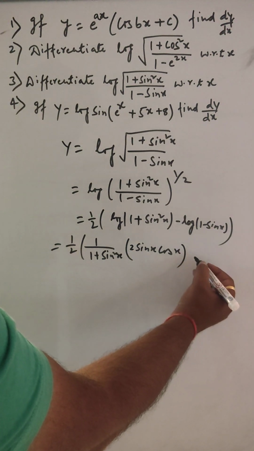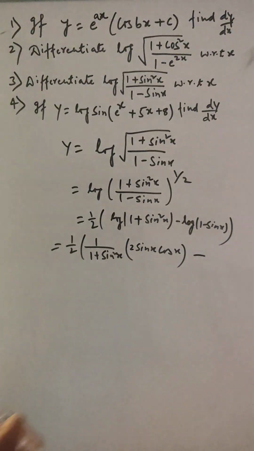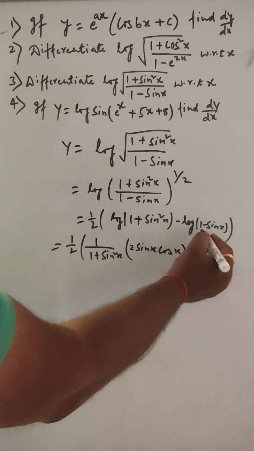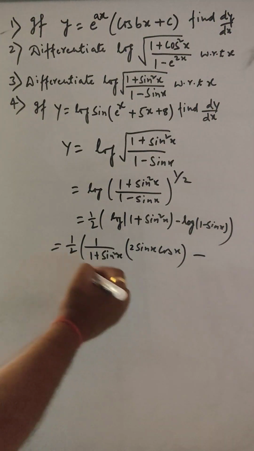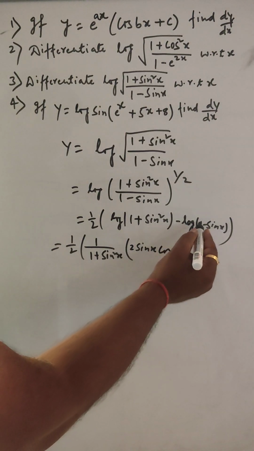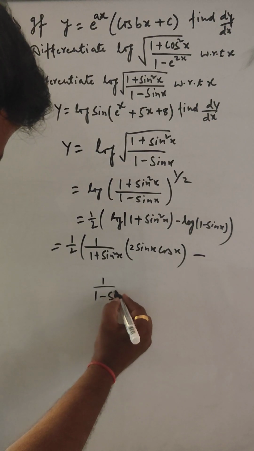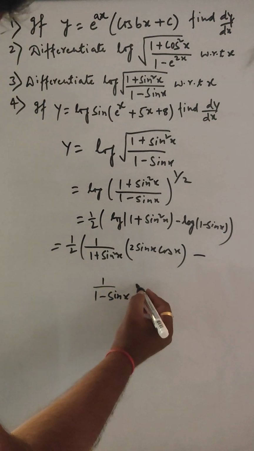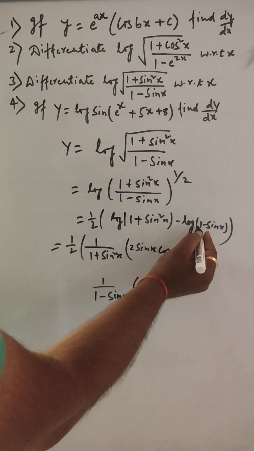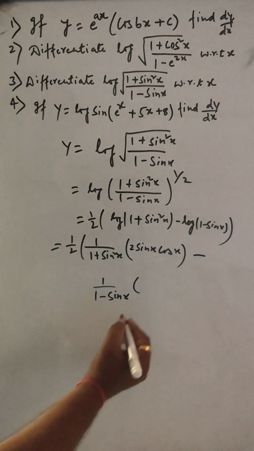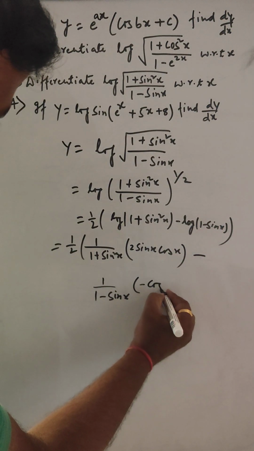Then what we are putting is minus over here. Okay, this part of differentiation we are doing down. Okay, so again log 1 minus sin x, so it will be 1 by 1 minus sin x, and here the differentiation of 1 is 0, and minus sin x's differentiation is minus cos x.